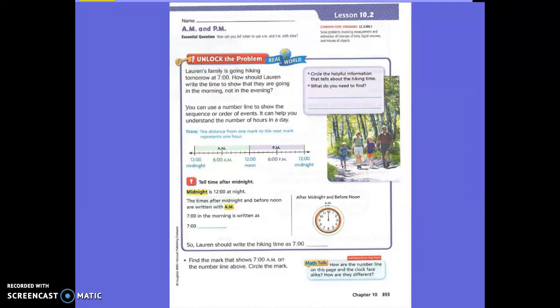Okay? Alright, you can use a number line to show the sequence or order of events. They can help you understand the number of hours in a day. Okay, it says, circle the helpful information that tells you about the hiking time. What's helpful about telling you about the hiking time? Aubrey?